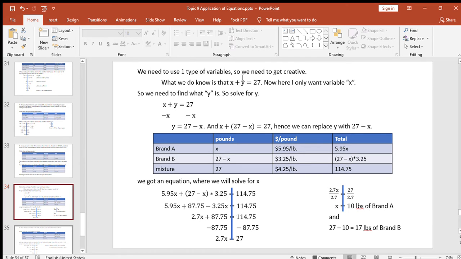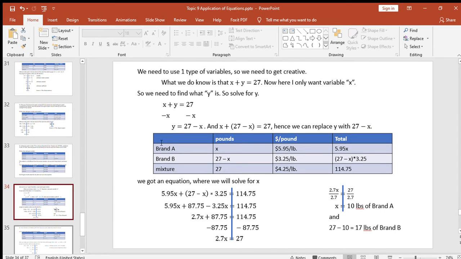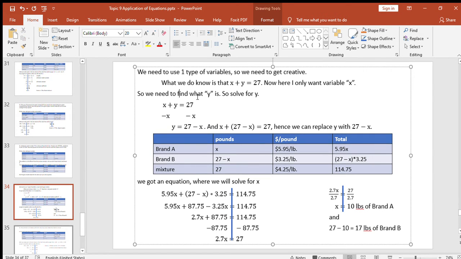We want only one variable in our row. So we need to get rid of that variable, so we need to find y. In this case, find is in quotation marks, because we're not actually finding the value of y, but the value of y in terms of x.